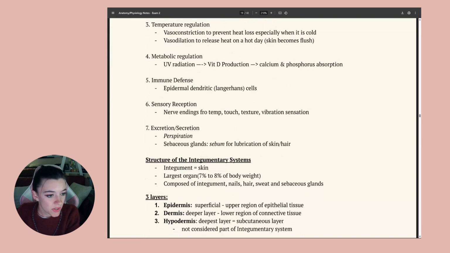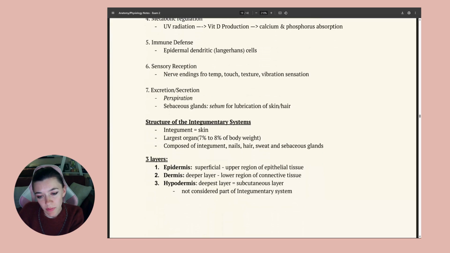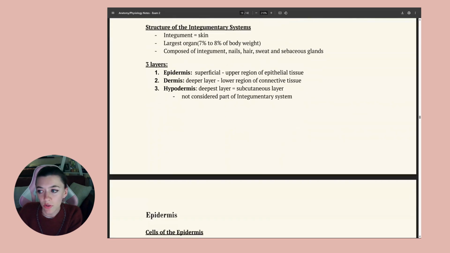If a ladybug lands on you, you can tell, and that's thanks to your Merkel cells. And lastly, exocrine secretion. This is perspiration. And sebaceous glands, yep, those produce sebum for lubrication of skin and hair. So those are your functions. There are 7 total. You probably don't need to remember all of them, just remember a few.